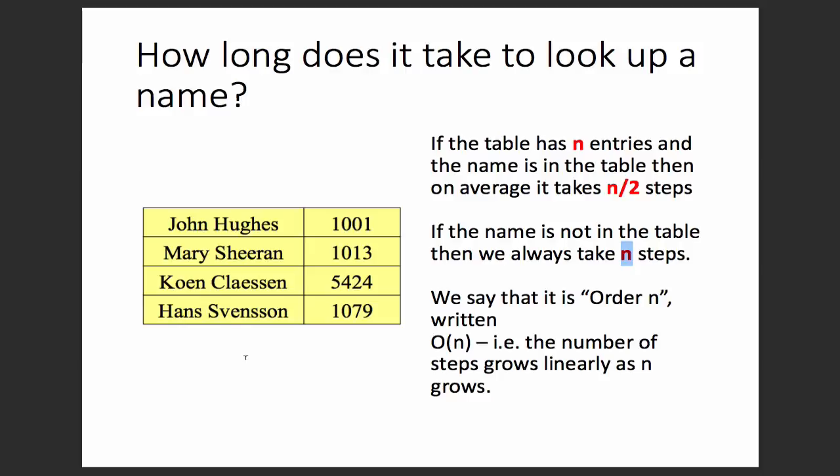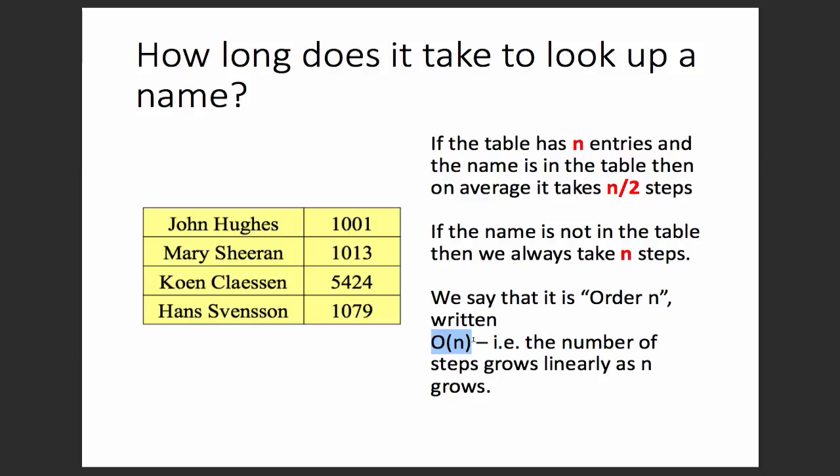Okay? It might be a bit less, it might be as much as 1 million, but it won't be significantly more. And when we want to say roughly, we use something called big O notation, and it has a more precise and more general mathematical definition. I'm not going to give it to you, I'm just going to give you the intuition. Basically, we say that this problem of looking up a name in a table represented as a list takes order n steps.